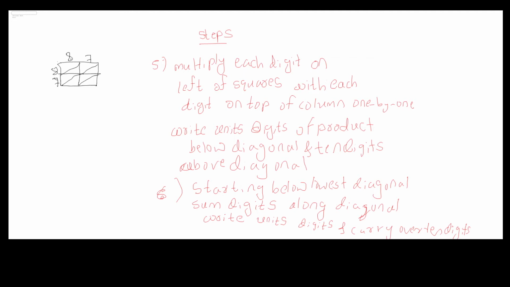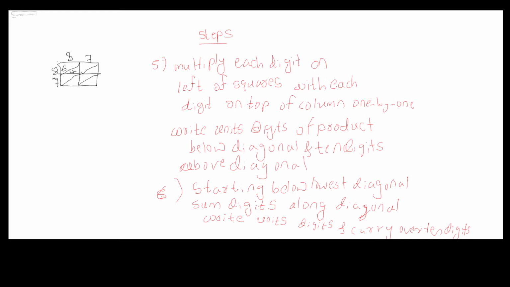See, with the top side, 8 into 8 is 64. Write the unit digit of the product below the diagonal. See, 8 into 8 is 64. I will write 6, the tens digit, above the diagonal and 4, the unit digit, below the diagonal.